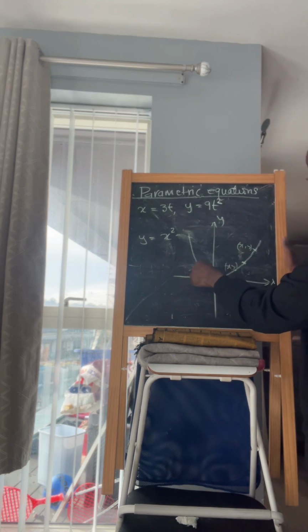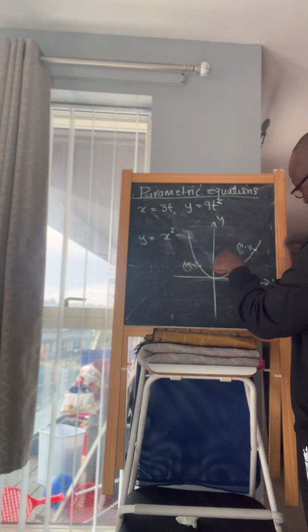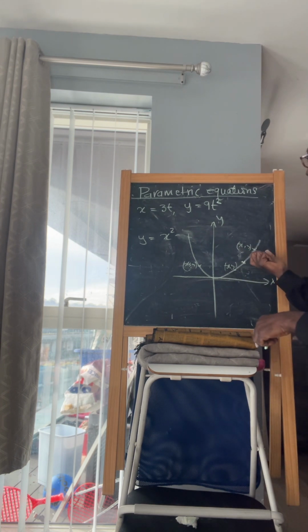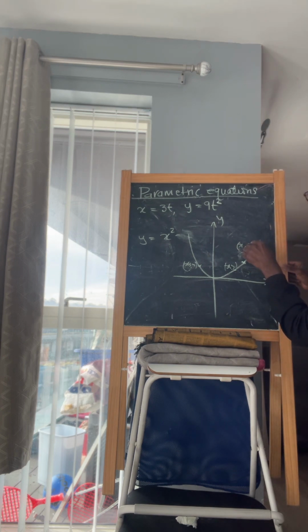This one here is x5, y5. At any point on this graph, it will have an x and y coordinate. So if that is the case, now instead of finding what is x, what is y, by the use of parameters, you'll be able to know at what time this point would be at this particular location.